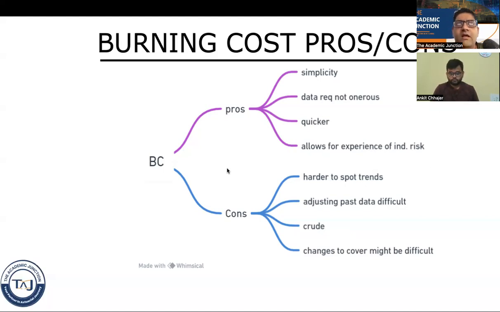Perfect example, if I have burning cost data, I might be able to make a change if there's a change in deductible. But if there's a change in the underlying cover, the perils involved or something like that might be very difficult to model, right? Whereas if there's a frequency severity model, I can split the data by peril. I can get the frequency data by peril, and then I can do it from the ground up. So it's very difficult if there's only a burning cost model. Clear?